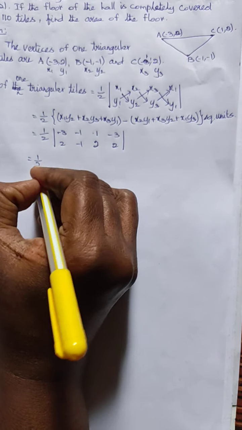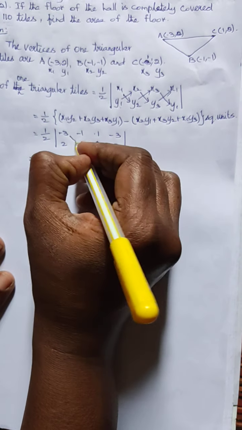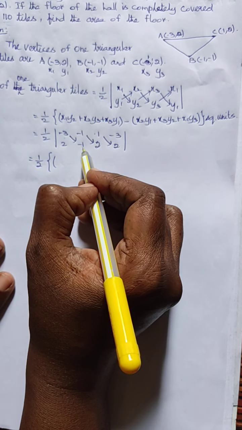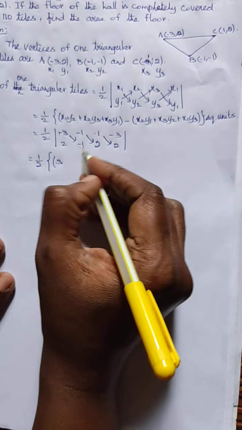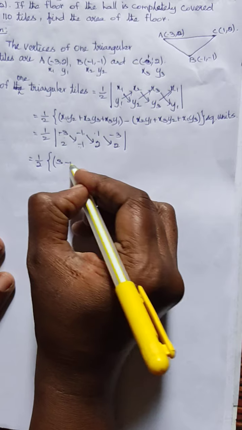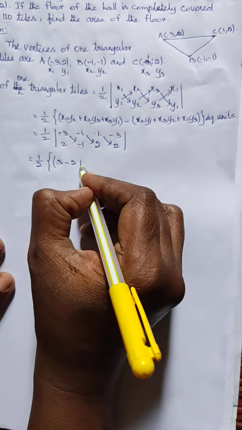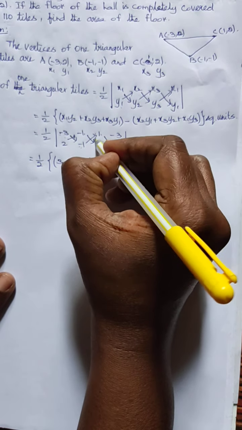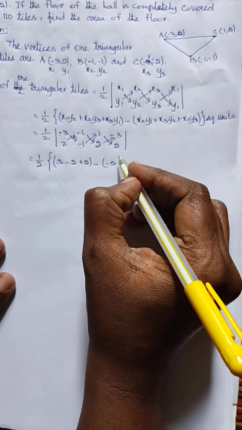That is equal to half into, first downward arrows, -3 into -1, minus into minus plus, 3 ones are 3, 3, then -1 into 2, -1 into 2 is -2, then 1 into 2. 1 into 2 is 2, plus 2, minus, then upward arrows. 2 into minus 1, that is minus 2.